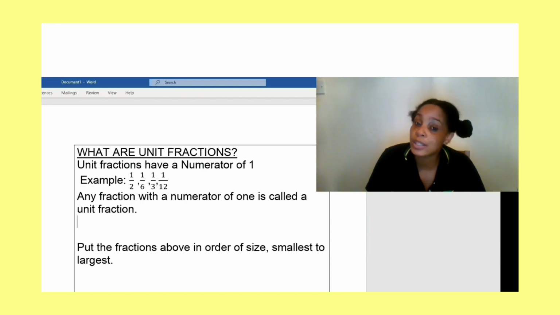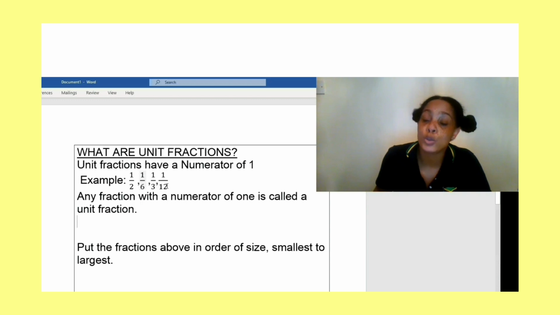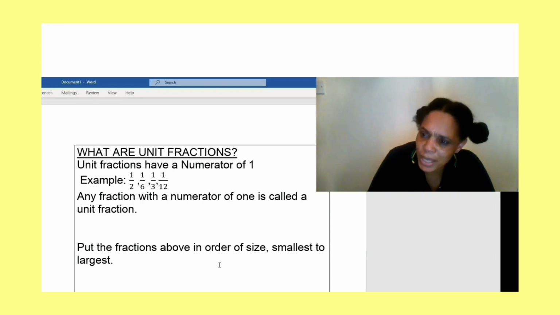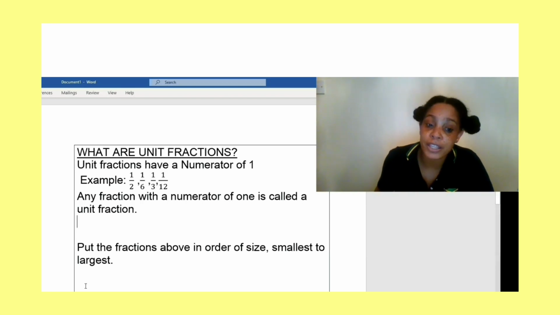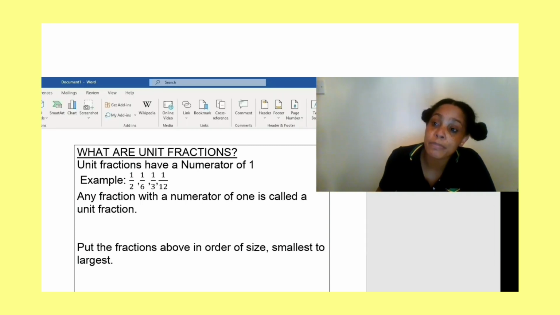Am I going to take 1/6? Am I going to take 1/3? Or am I going to take 1/12? Of course, I'm going to take the one that is cut into 2 pieces because that's a bigger slice. Because that one is only cut into 2 pieces. So the one I would take a piece of would be the 1 out of 2. So a half in this case is going to be the biggest one.